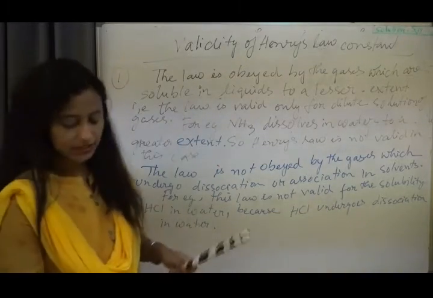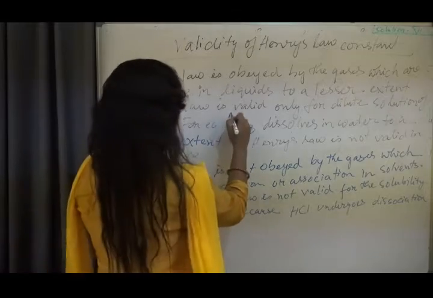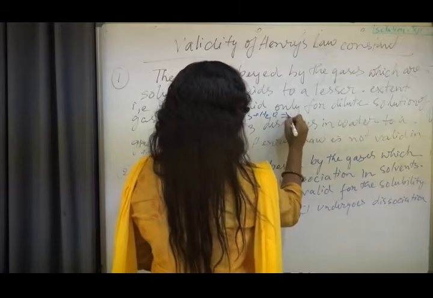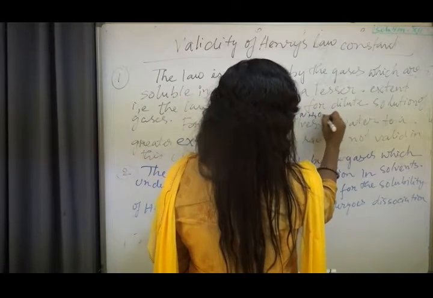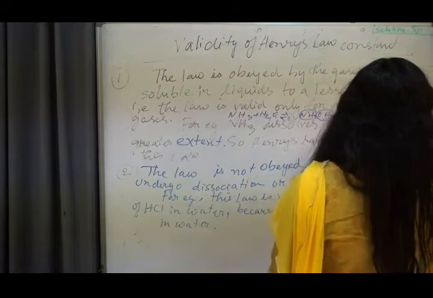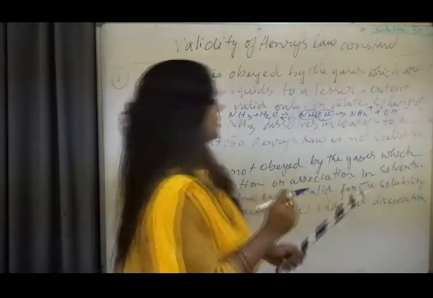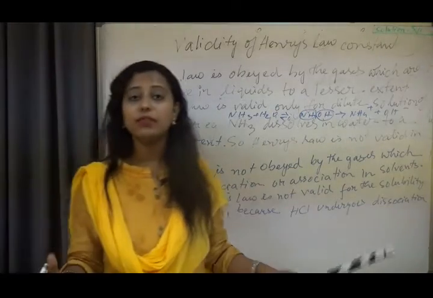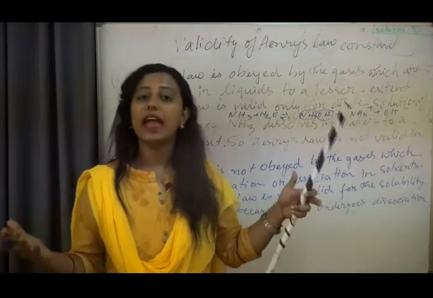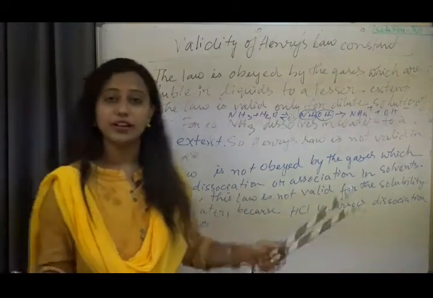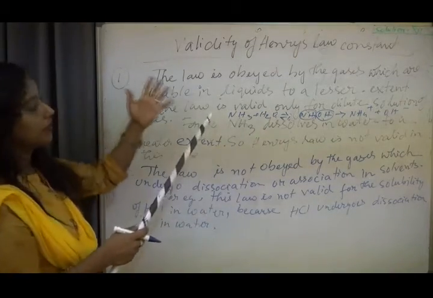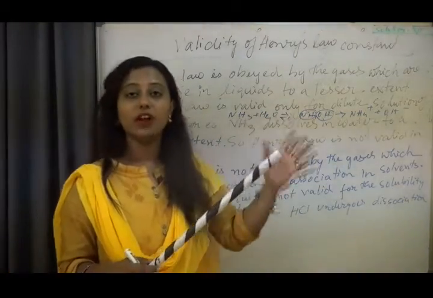We know that when NH3 is dissolved in water, it forms NH4OH, that is NH4 plus and OH minus. So it is readily dissolved in water. So Henry's law is not applicable when NH3 gas is dissolved in water. This is an example where Henry's law is not obeyed.